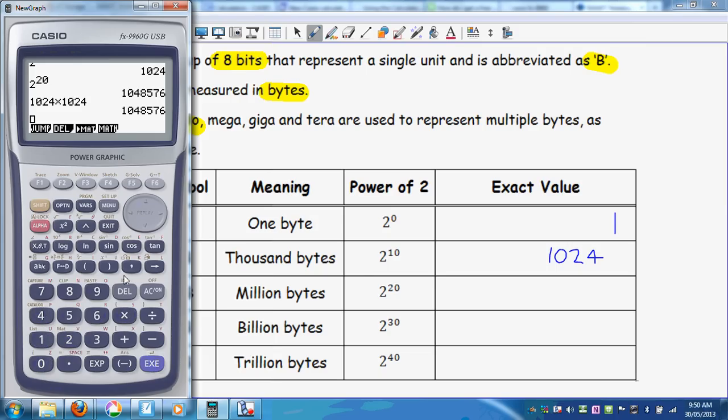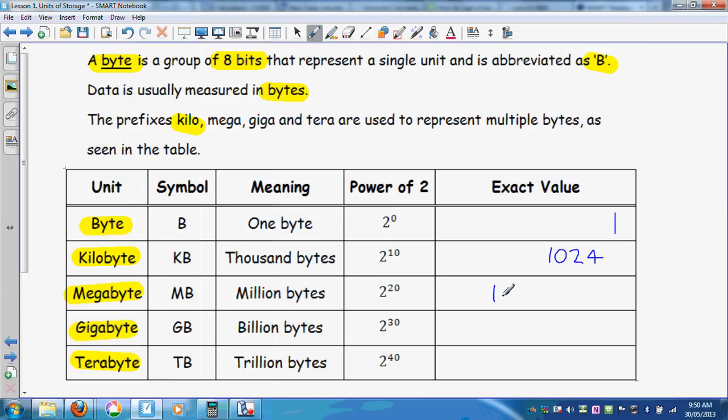And that gets us to that same answer, 1,048,576 bytes. Similarly, if we did that again with the gigabytes, 2 to the power of 30 in the calculator, or 1024 times 1024 times 1024, we would get 1 billion and this very, very large number.